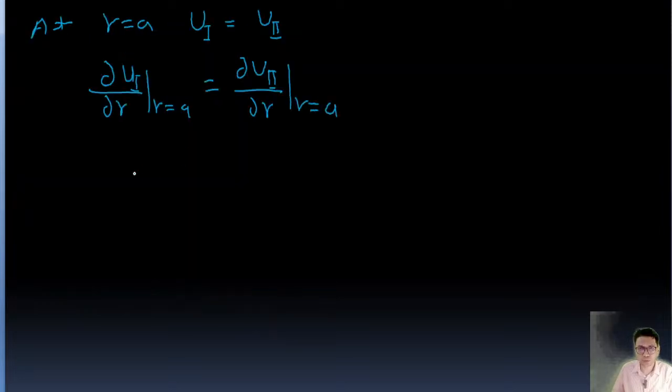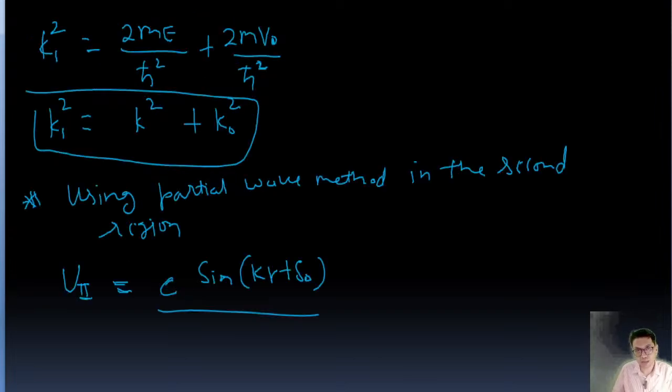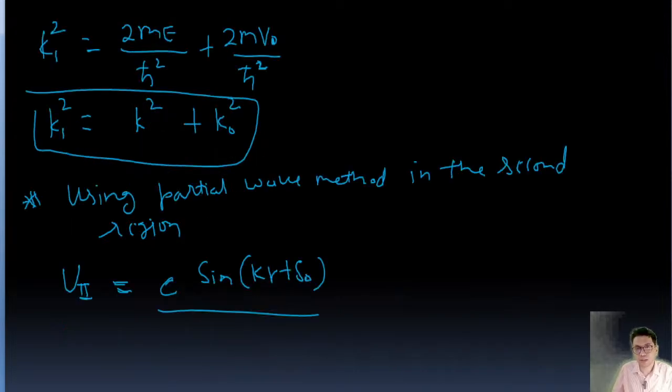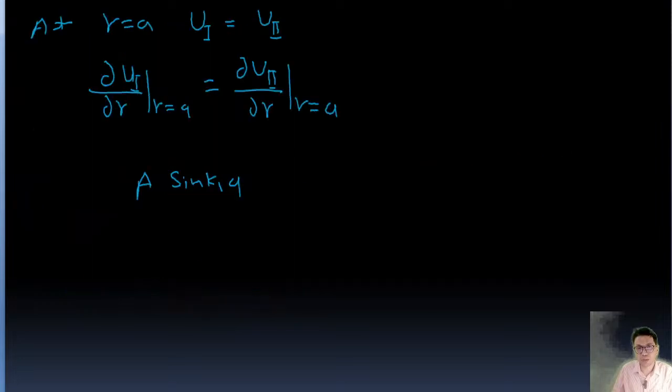So this is going to be a sine k1a at r equal to a. First boundary condition we are using: u1 equal to u2 at r equal to a.